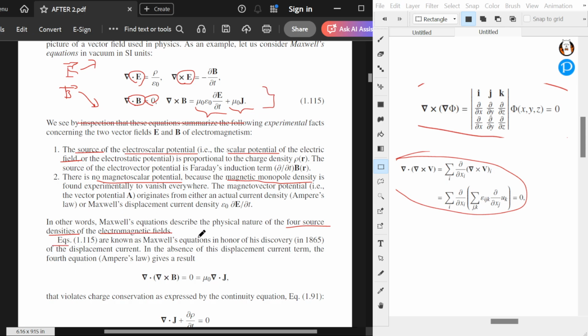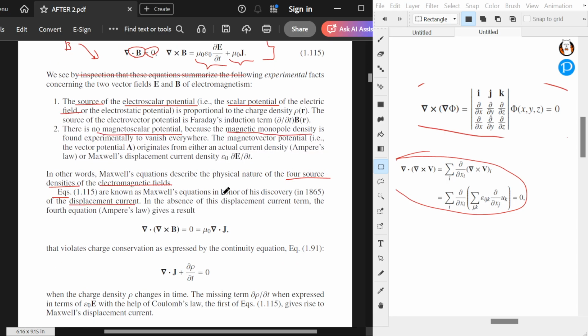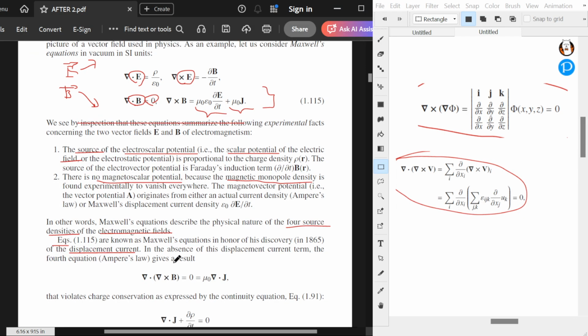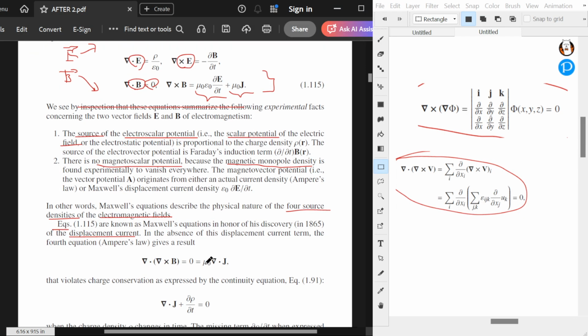These equations are known as Maxwell's equations in honor of his work. He discovered the displacement current in 1865. In the absence of the displacement current term, the fourth equation gives a result of zero.